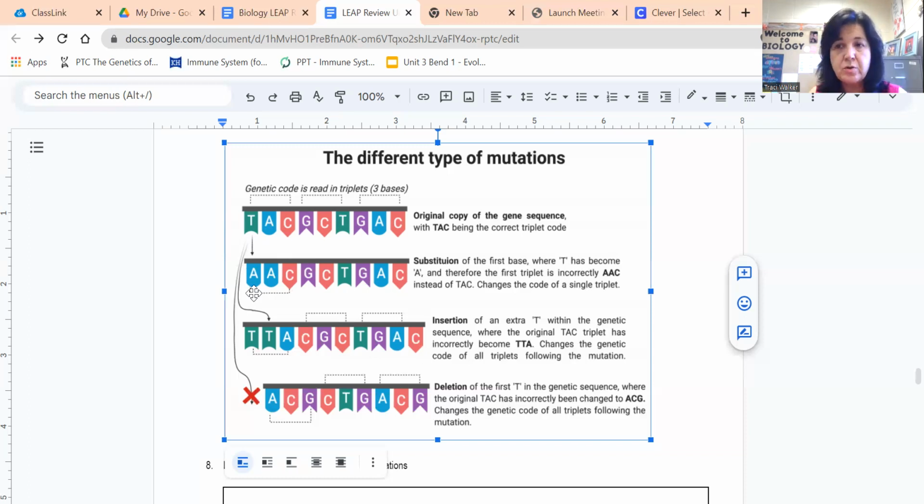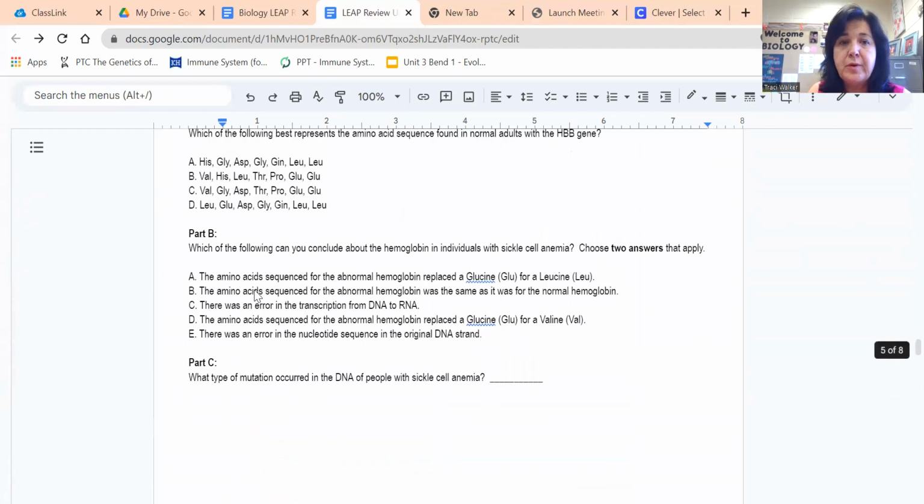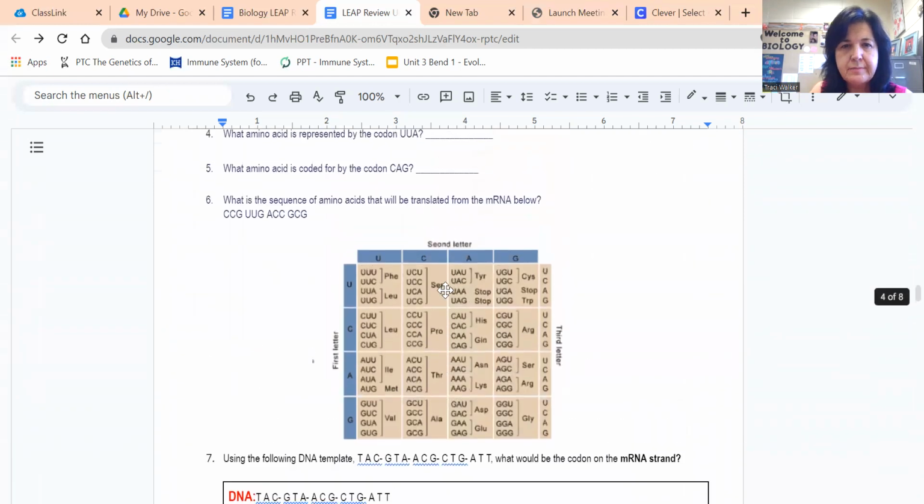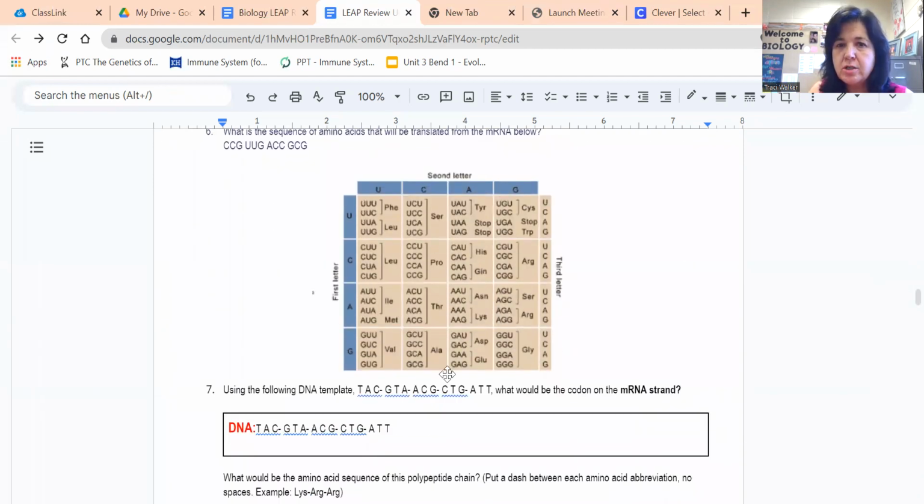Sometimes substitutions don't cause major problems because you just have that one nitrogenous base that's wrong. And with the amino acid chart here from our previous lesson, we saw that there are different codons that all code for the same amino acid.